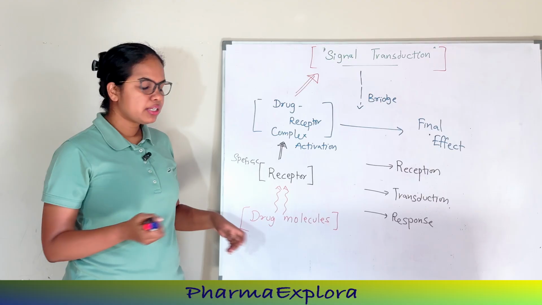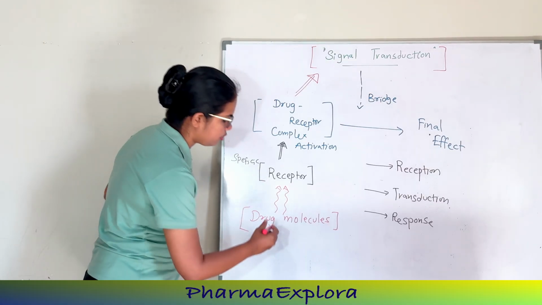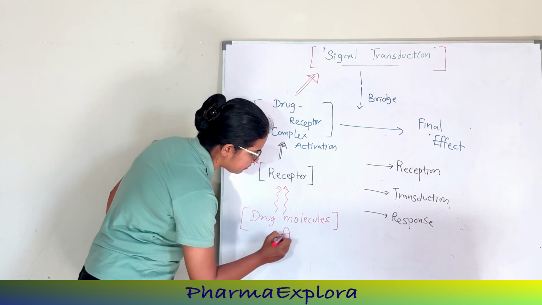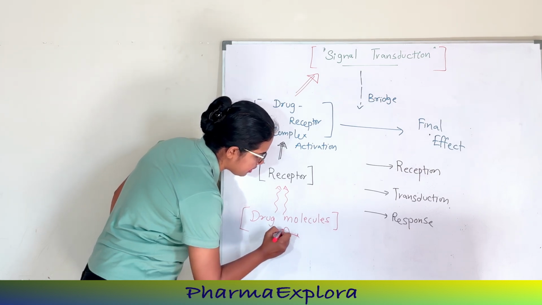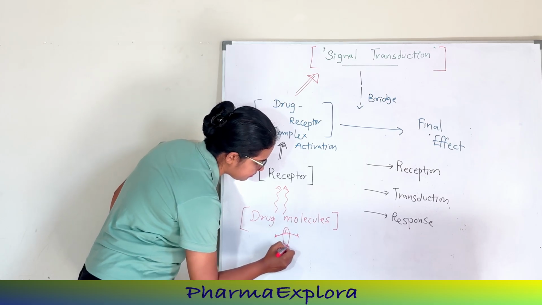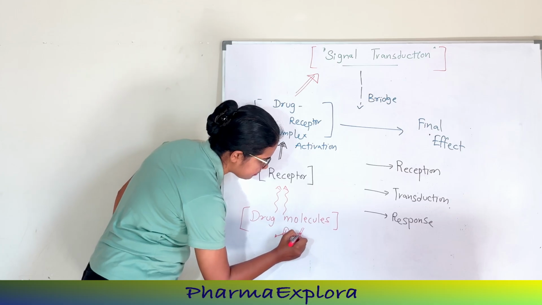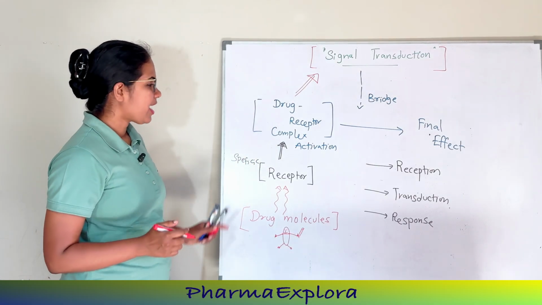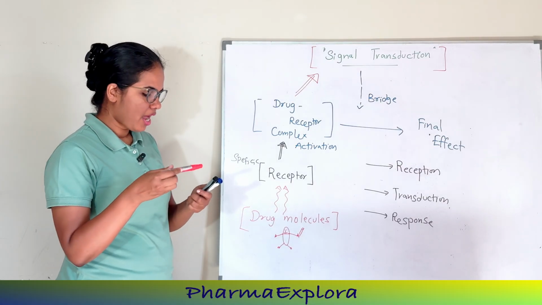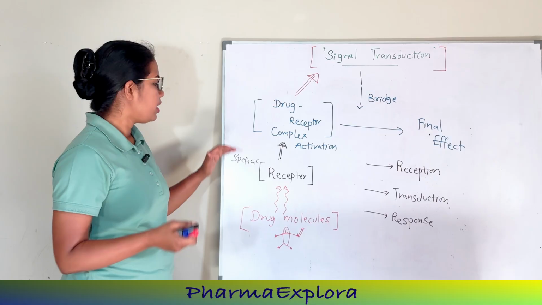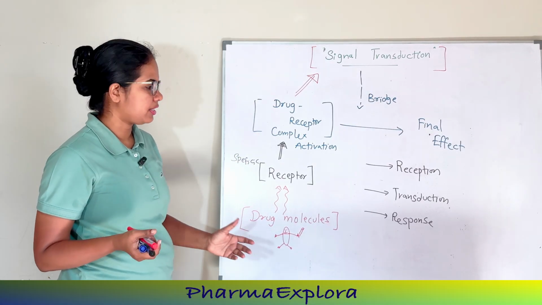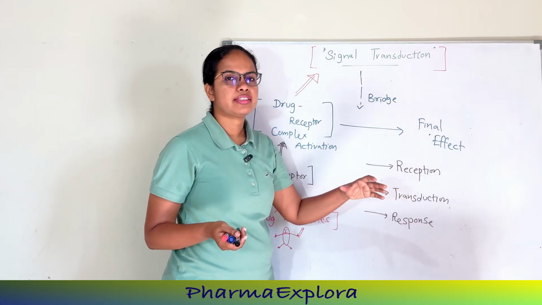The drug molecule is the first runner taking the baton, and goes and finds its specific receptor and passes over the baton. So this receptor forms the drug receptor complex and gets activated.